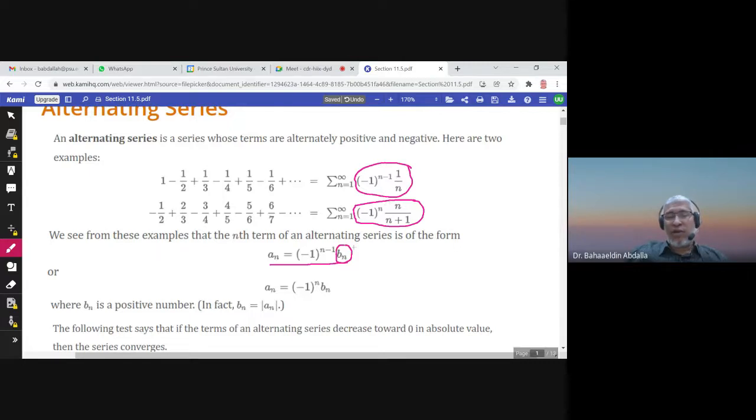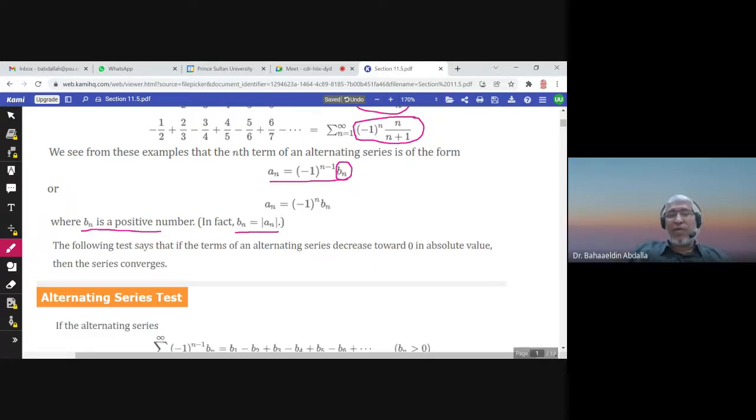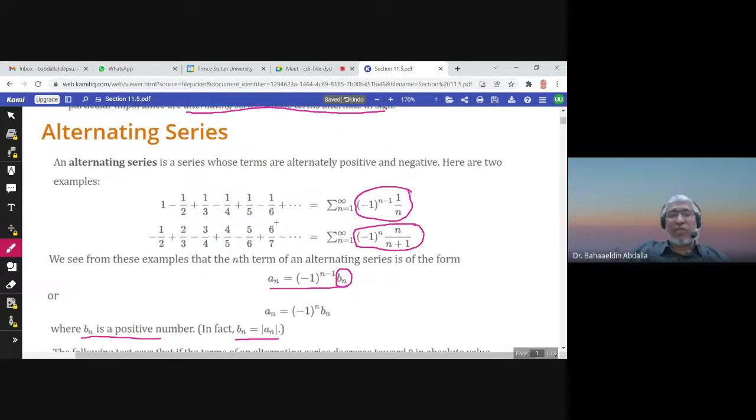It is 1 over n. What is bn here? It is n over n plus 1. Notice that bn is in fact the absolute value of an. When you take the absolute value of an, the absolute value of negative 1 would be positive, so you get bn. So bn are positive terms, so you can apply what we learned in the previous sections about bn.